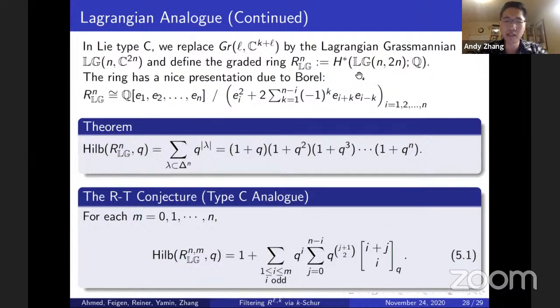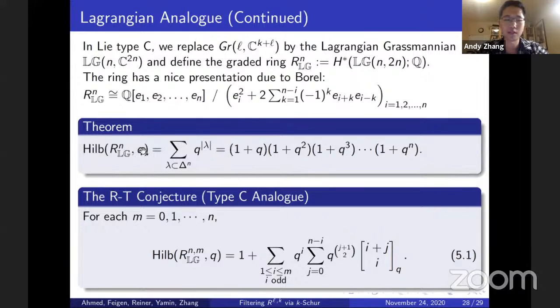And we could study its graded, we could study its Hilbert series. Before doing that, I should mention that Borel also has this nice presentation of the ring in terms of generators and relations. It's generated by n variables with certain quotients.